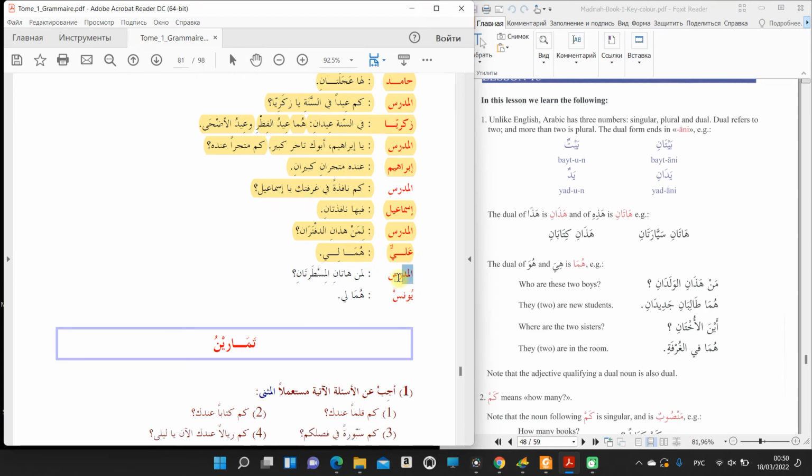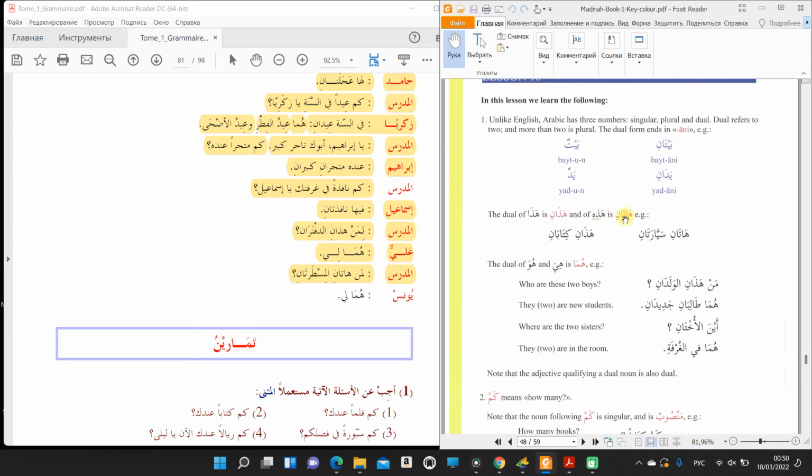And المدرس is asking لمن هاتان. You see, هاتان is the dual of هذه. هذه, like these, feminine, and هاتان, these two, feminine. So لمن هاتان المسطرتان.